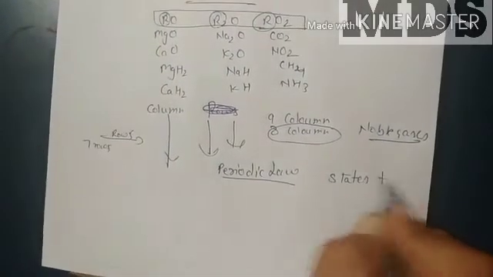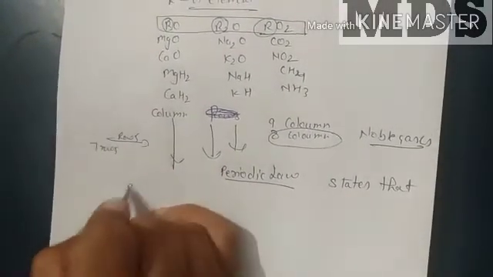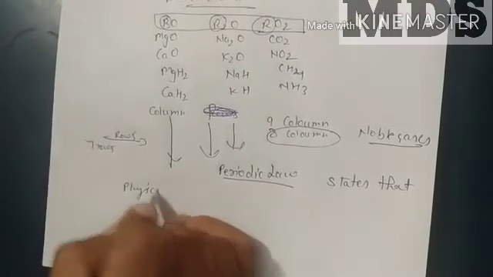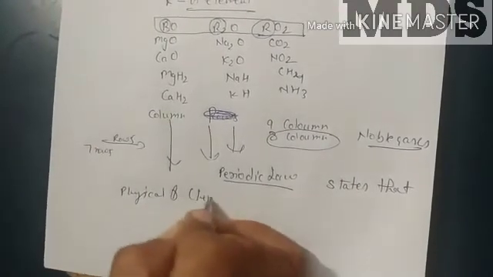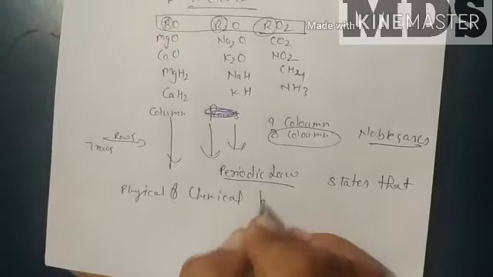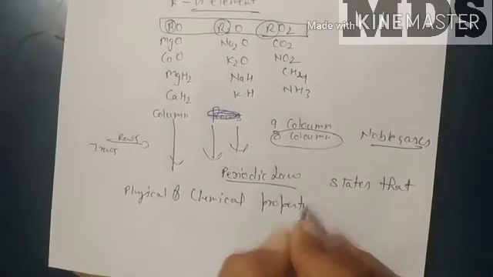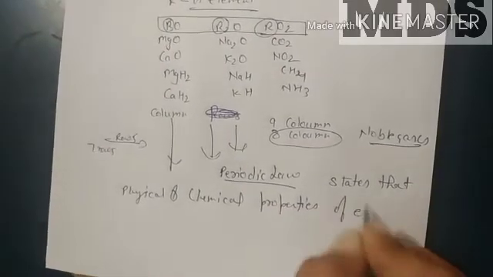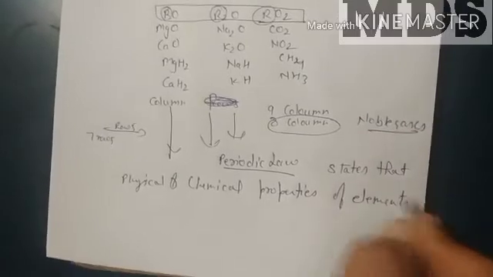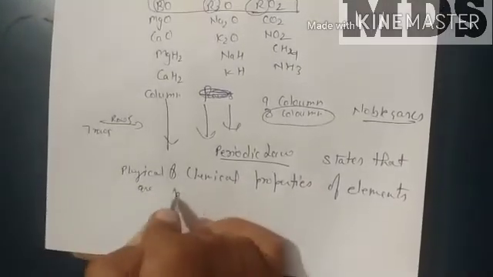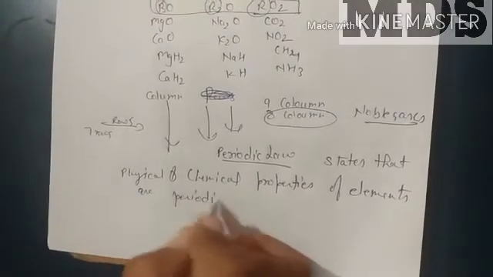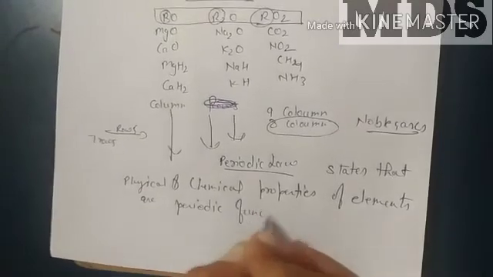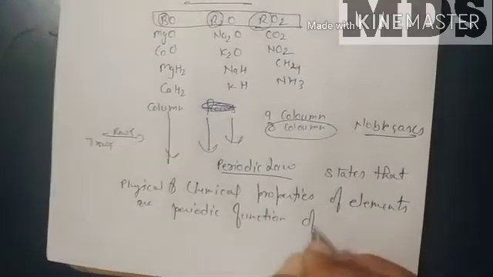Periodic law states that physical and chemical properties of elements are a periodic function of atomic masses.